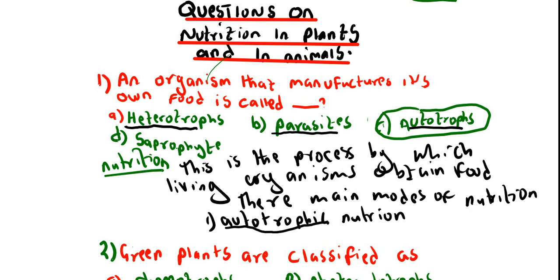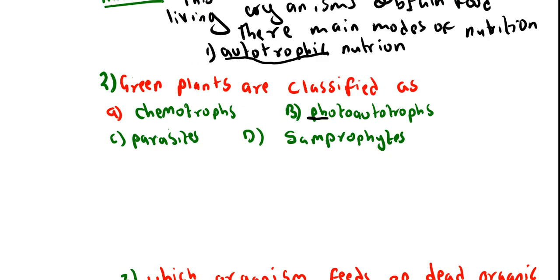Let's go to question 2. Green plants are classified as photoautotrophs, because they can manufacture their own food using energy from sunlight.